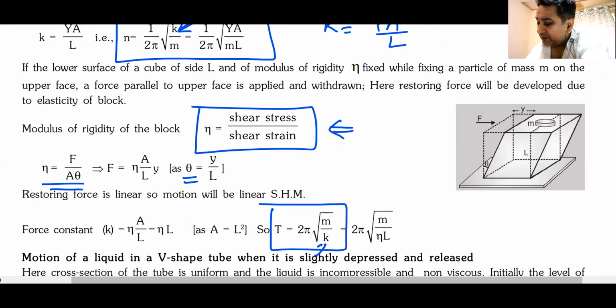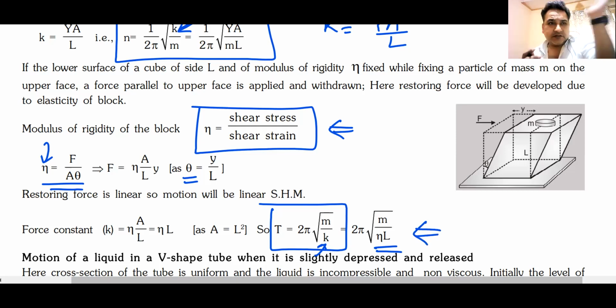You just replace this k by eta times A by L, where eta is the modulus of rigidity and L is the distance between the fixed face and the face which is applied with the shear stress. You can write out the answer straight away. You can see this question in an examination hall and thank me that you have done this.